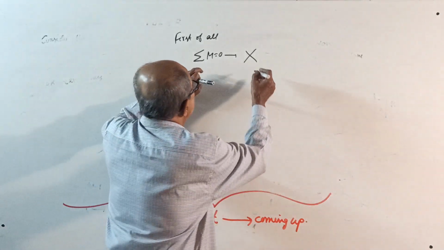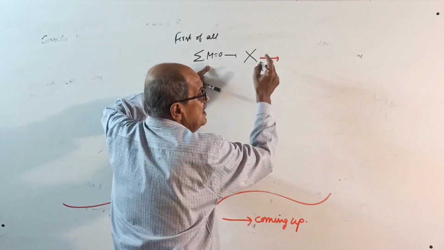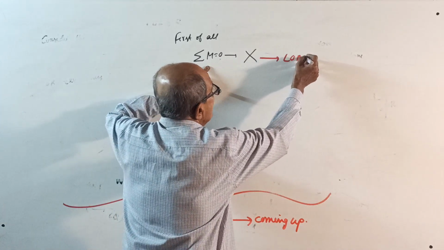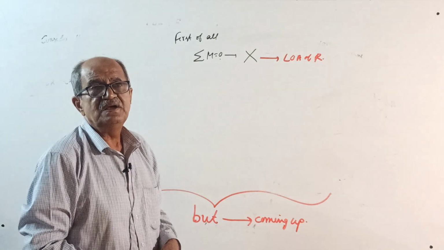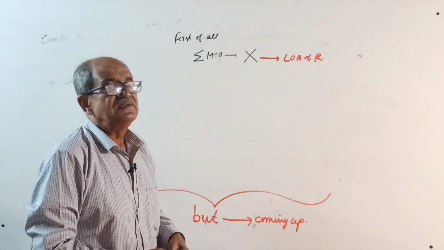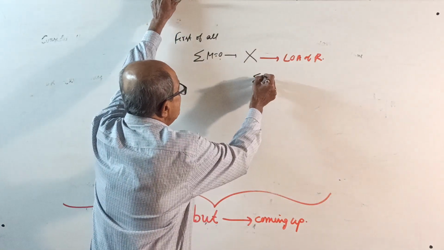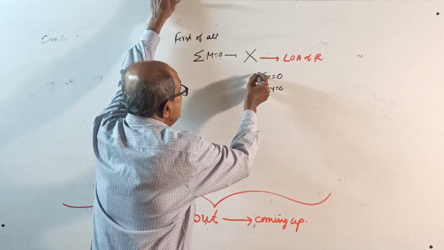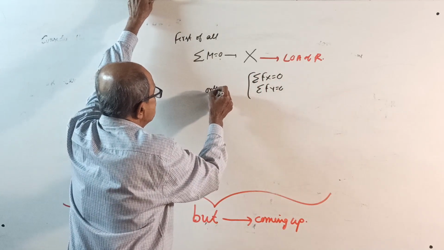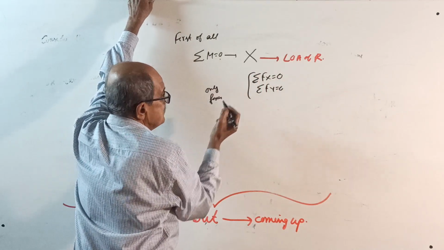By sigma M equal to 0, you can only decide the line of action of normal reaction R. But we are applying what? Sigma Fx equal to 0 and sigma Fy equal to 0, equilibrium conditions. That is only forces. Only forces.